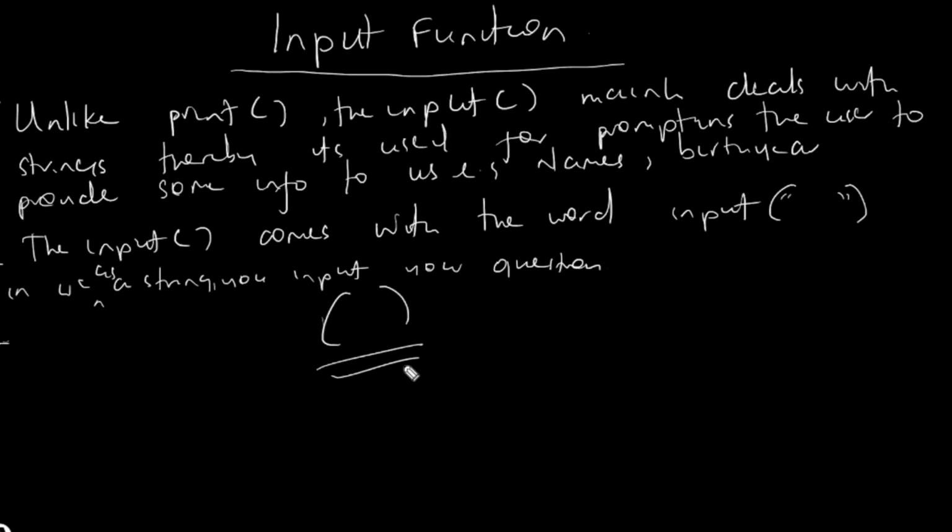So the power of the input function is that it gives a user room to provide an answer to the question we have asked him or her. So without wasting much of your time, let's dive into PyCharm.